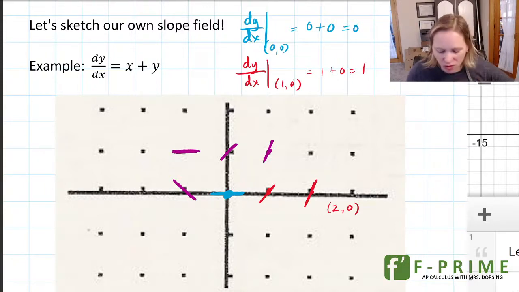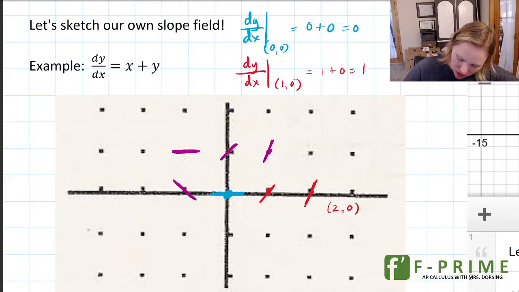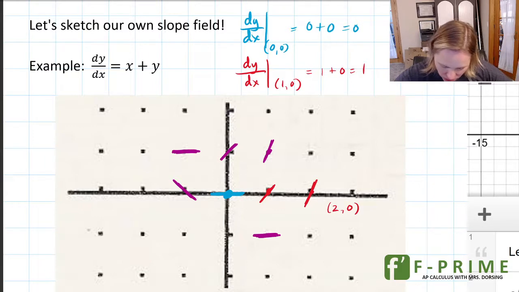When I add the two coordinates together, I get a 0 slope. Same thing's going to happen down here at, well, actually, no, it's not going to happen down. Oh, yes, it is. -1, 1. Okay. I shouldn't second guess myself. And then over here, -1, -1, this is a slope of -2. So I need to make sure that I show that it's a steeper slope.